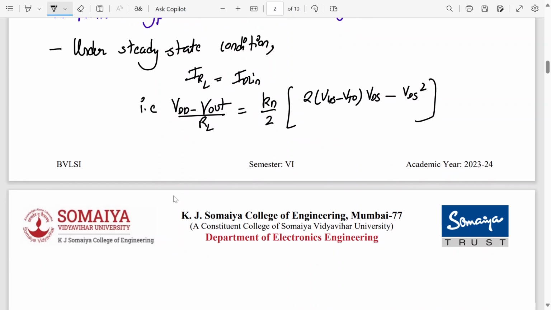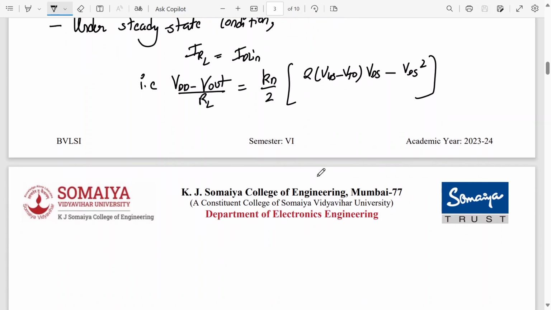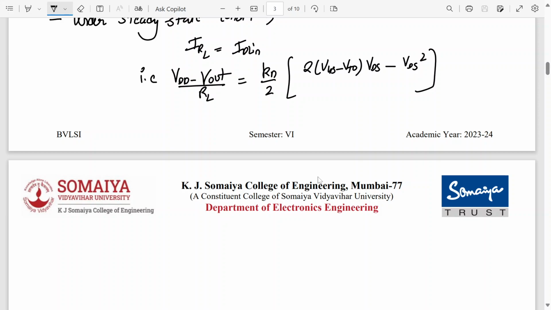Okay, so this is how we have written it. IRL is VDD minus V out upon RL, simple Ohm's law, but ID linear is not simple Ohm's law. It's Kn by 2 into twice VGS minus VTO minus VDS square. Alright, and now we can substitute the values.